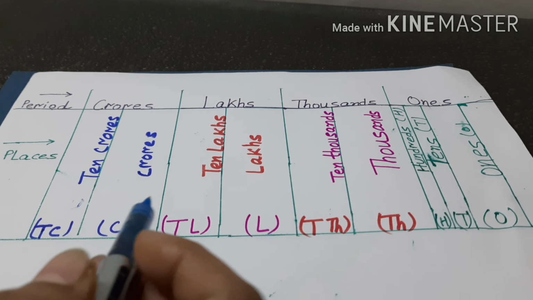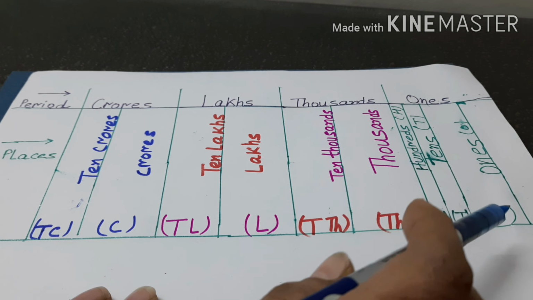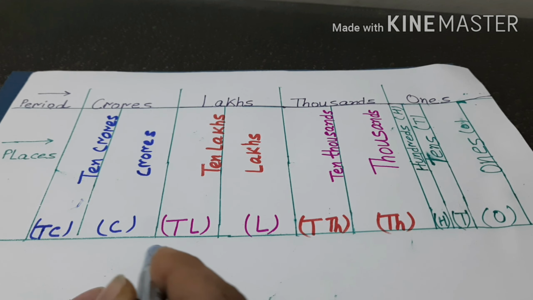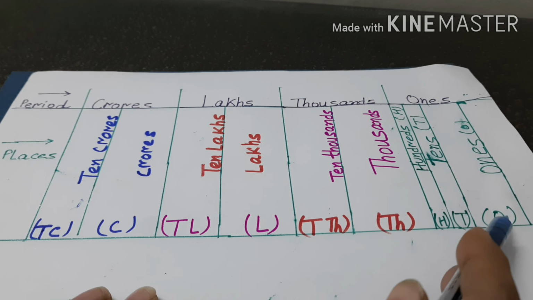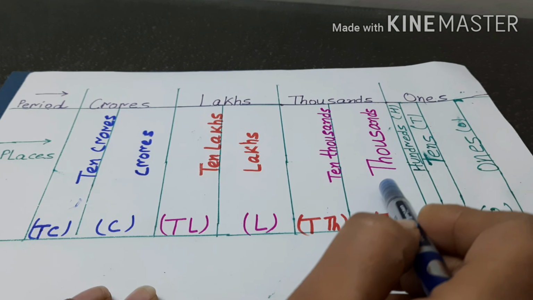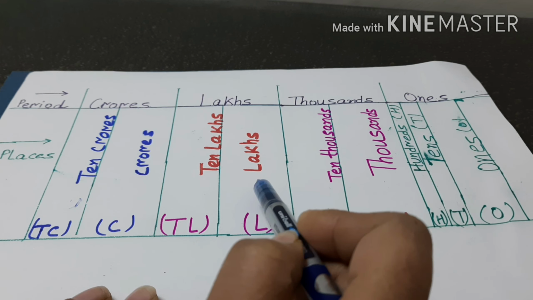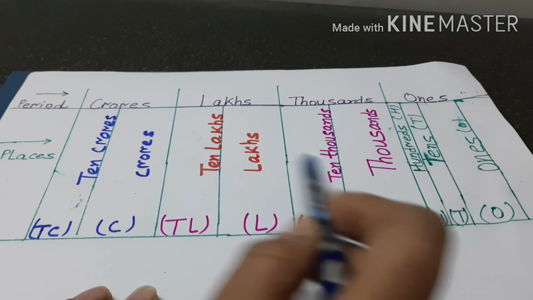We know that in the place value chart we move from right to left. Starting from right, the 9 places are ones, tens, hundreds, thousands, ten thousands, lakhs, ten lakhs, crore, ten crore.